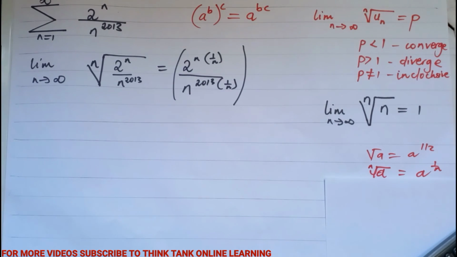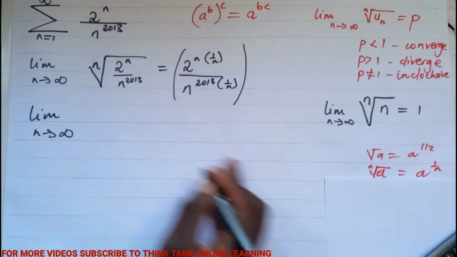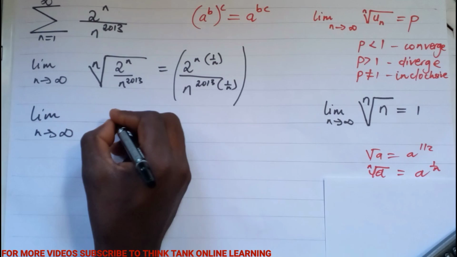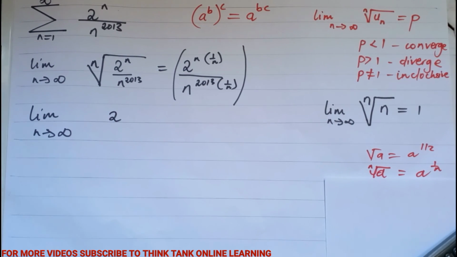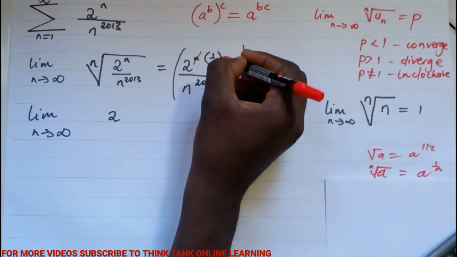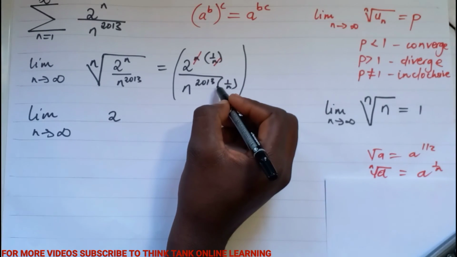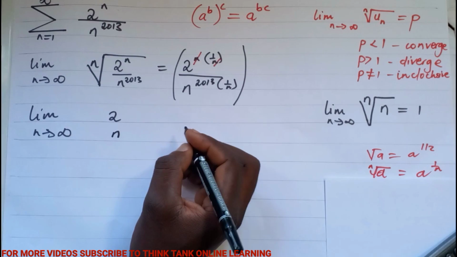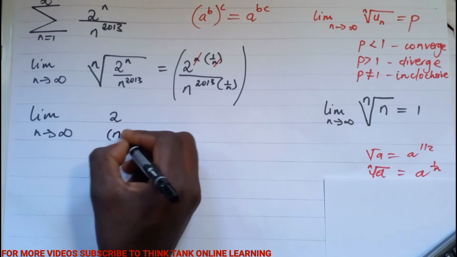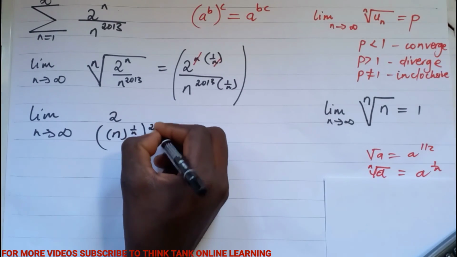So I'm going to say limit as n approaches infinity of 2, because as you can see, n and n will cancel here. Okay, so this is the same on the denominator. This is the same as saying n to the power 1 over n, to the power 2013.